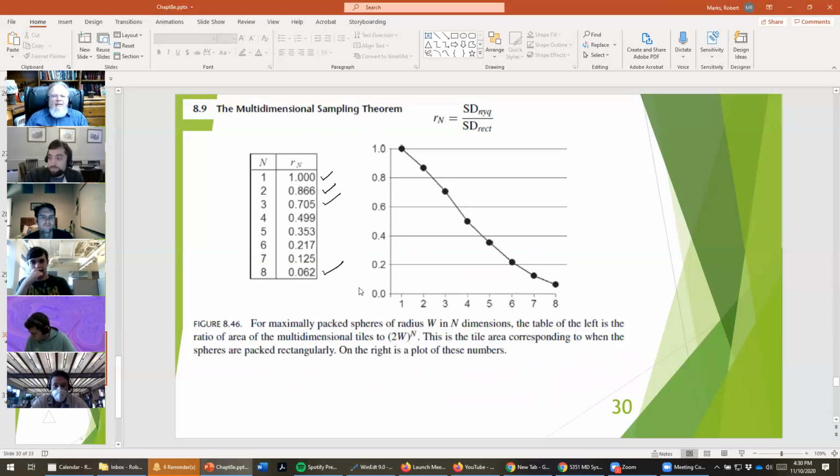Wow. So I think you can see, at least in information theory, where they do sphere packing, that packing spheres as tight as they possibly can is a lot better than just replicating spheres in a rectangular grid. We want to pack them as closely as we possibly can.